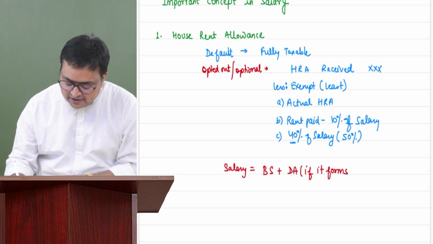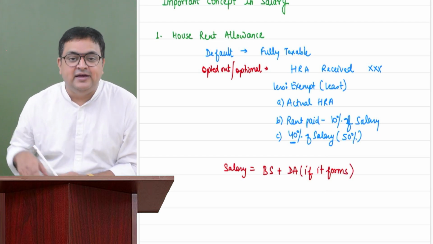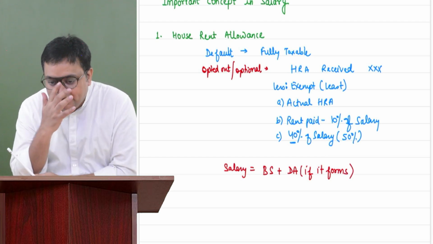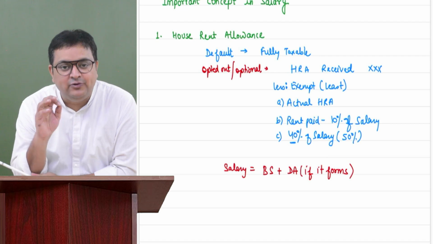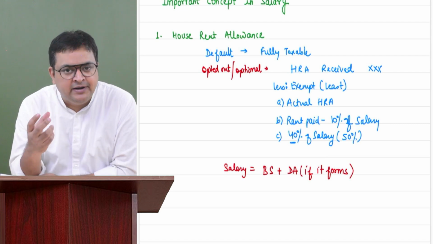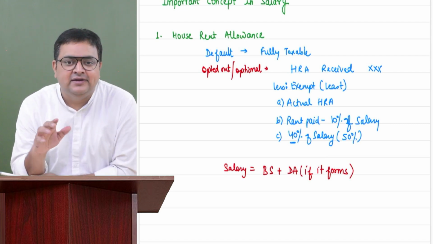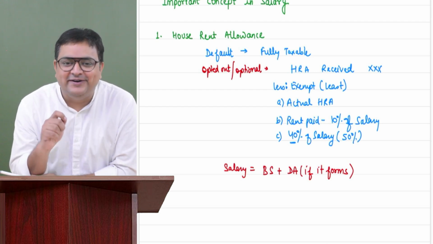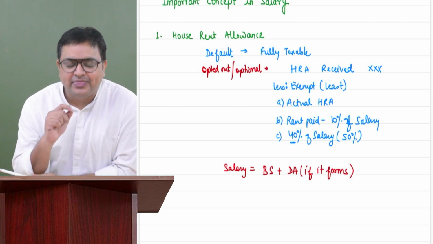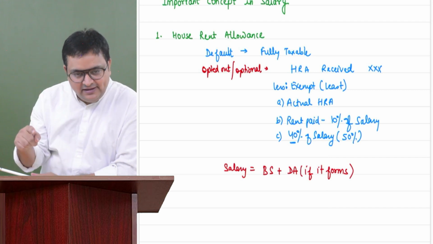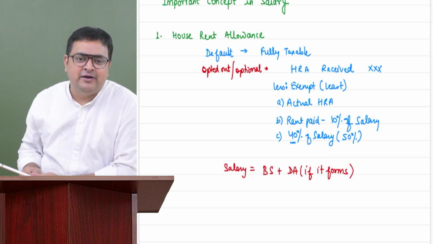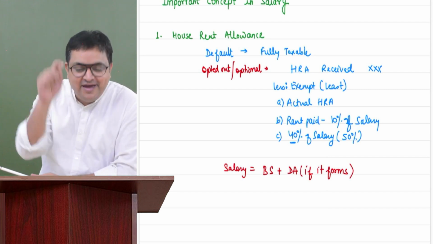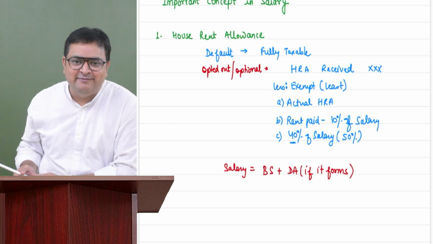If nothing is mentioned about how much DA forms part of retirement benefits, please do not take that DA. You have to take only that DA that forms part of retirement benefits. I'm emphasizing this: if it forms part of retirement benefits.